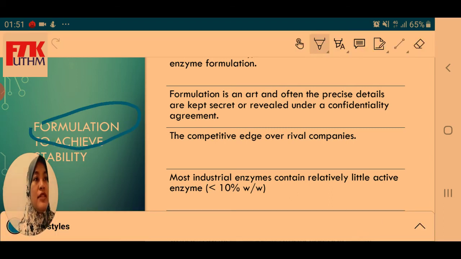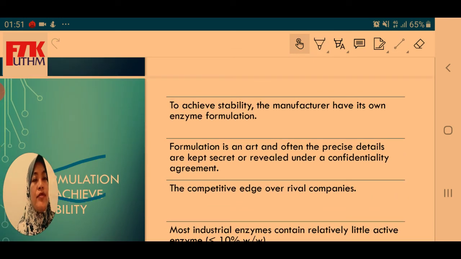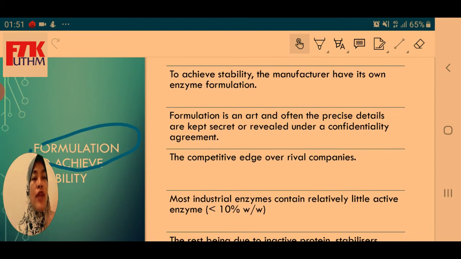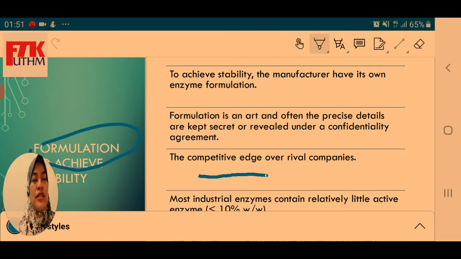Formulation is often kept secret because if the enzyme is produced by different manufacturers, then this formulation will provide them with the competitive edge over all the rival companies.